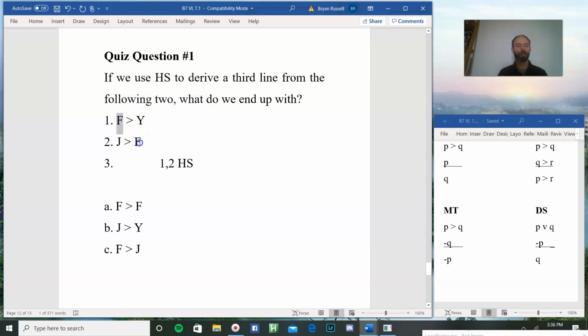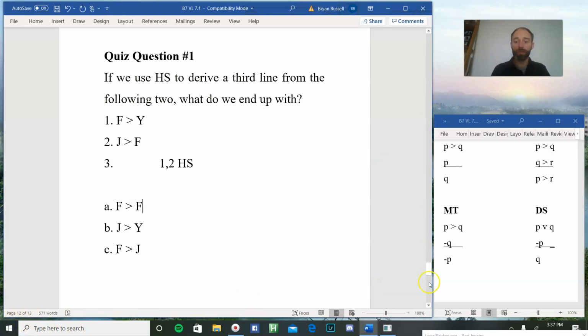Recall that we cancel things out and we carry the rest down. So do we get A, F horseshoe F? Or B, do we get J horseshoe Y? Or C, do we get F horseshoe J? If we use hypothetical syllogism on these 2 lines, what do we get? And you can pause it if you need to.